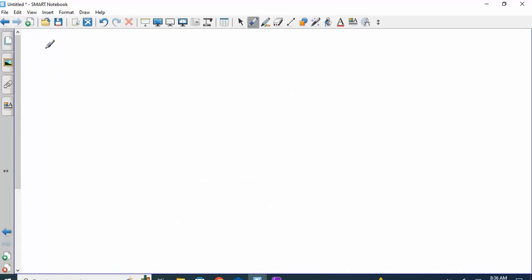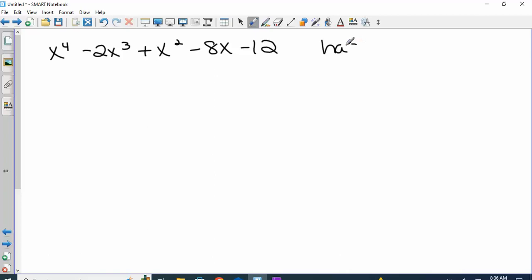So let's say I told you the polynomial x to the fourth minus 2x cubed plus x squared minus 8x minus 12 has a 0 of negative 2i. And my directions, find the remaining zeros.